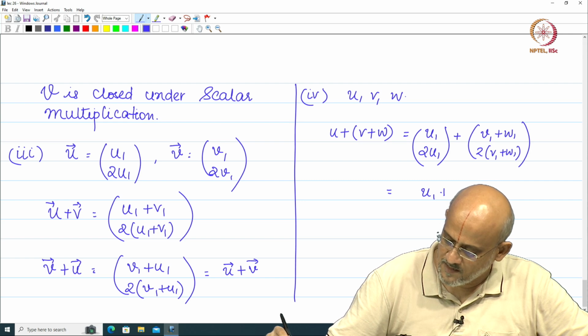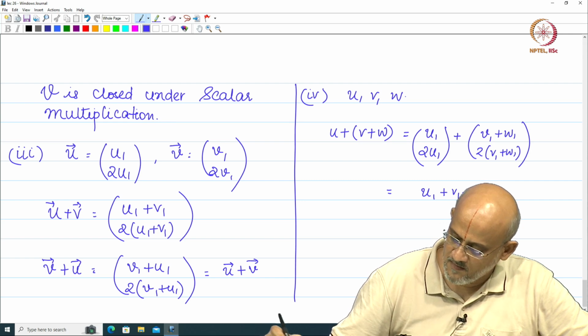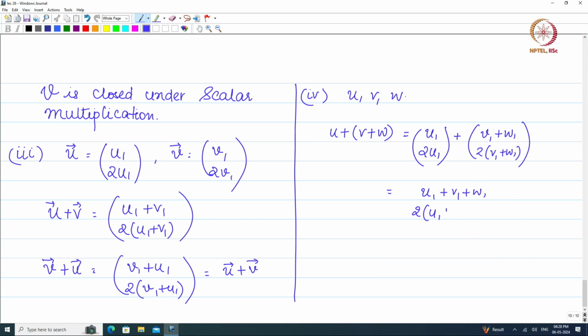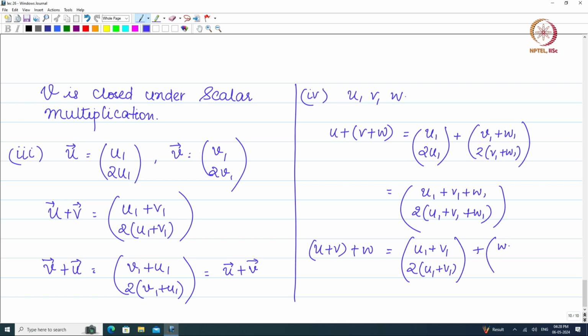So, I am going to have u1 plus v1 plus w1, and then 2 times (u1 plus v1 plus w1). Now, I am going to look at (u plus v) plus w, which is nothing but (u1 plus v1, 2 times (u1 plus v1)) plus (w1, 2 times w1). We can see that u plus (v plus w) is the same as (u plus v) plus w.